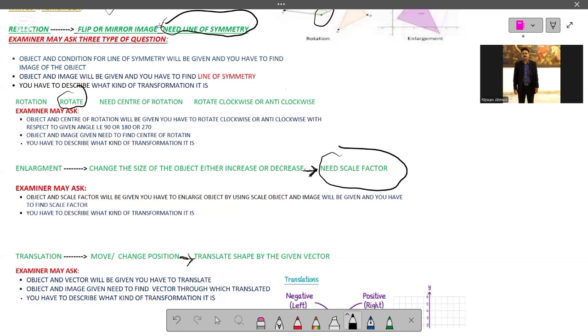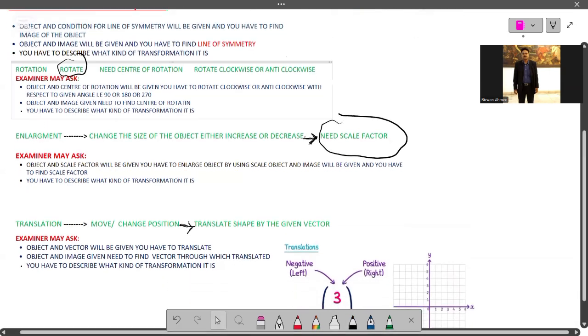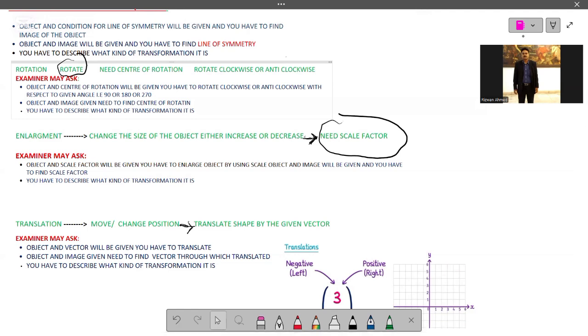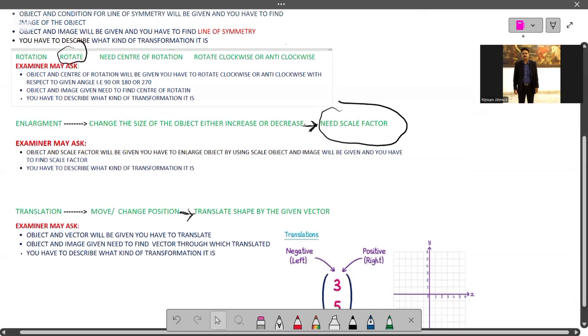And the second condition is that you have to describe what kind of transformation it is. That is the important one.